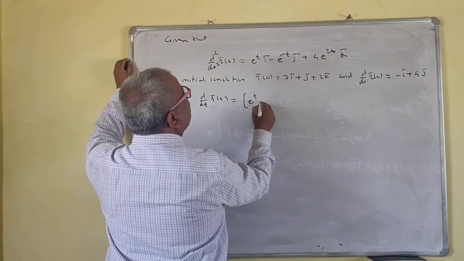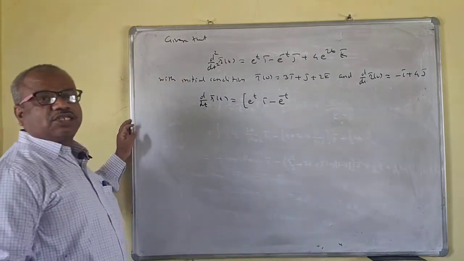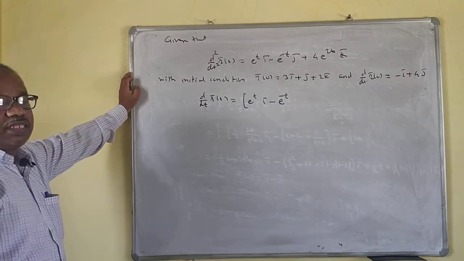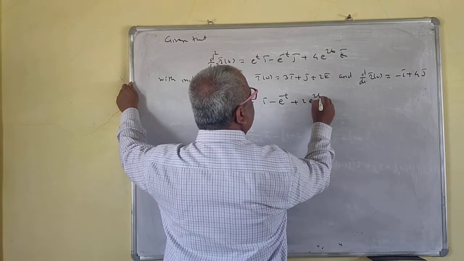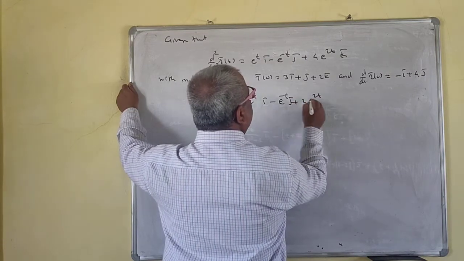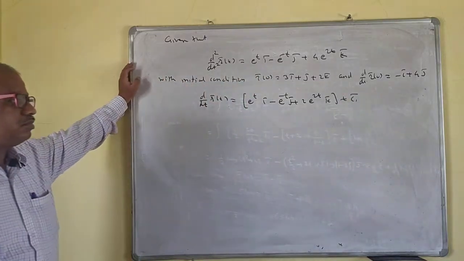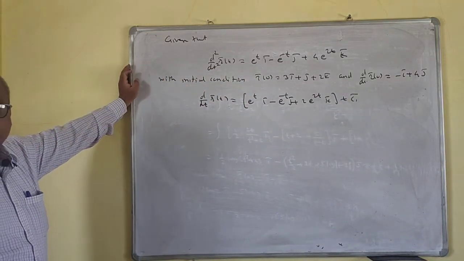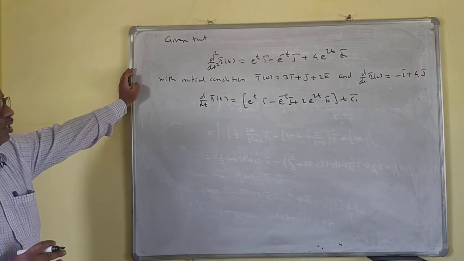So e raised to t i bar minus becomes plus now, because integration of e raised to minus t is e raised to minus t upon minus 1, so it becomes plus. So this is 2 e raised to t, this is j bar, this is k bar plus c1 bar. Integration of e raised to 2t is e raised to 2t upon 2, so the 2 gets cancelled, so therefore it is 2.